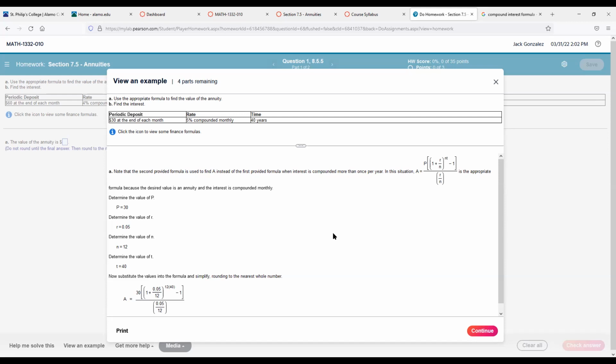Okay, so in this question, they said find the appropriate formula to find the value of the annuity, since there is a periodic deposit. So basically, at the end of every month, they're putting in $30. It's compounded monthly for 40 years. So once the annuity matures, in 40 years, how much money are you gonna have? That's what A is gonna be.